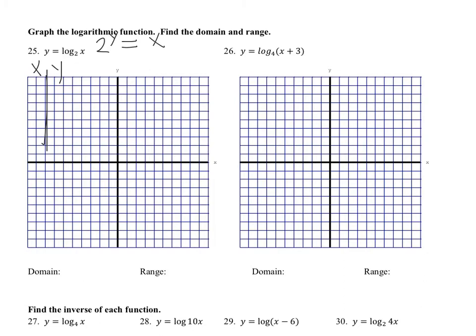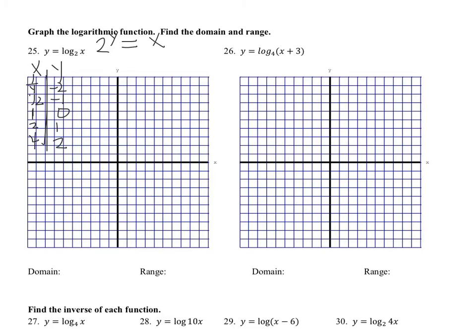So I'm going to pick, let's do -2, -1. I don't know how many points your teacher likes to do, so it could be different. But if you put -2 into your equation, that'd be 1/4. Put -1, it'd be 1/2. Put 0 in, 2 to the 0 power is 1. If you put 1 in, 2 to the first power is 2. Put 2 in, you get 4.